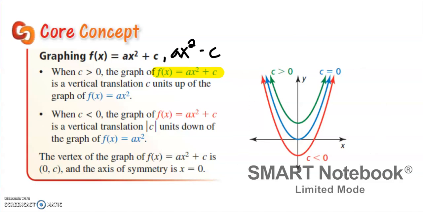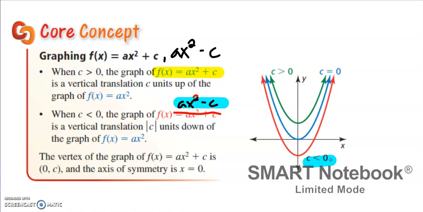Okay. When we compare ax squared minus c, let me go down here and write that, ax squared minus c. Let me cross that one out for you. When we look at ax squared minus c, let me switch back to the highlighter. That is going to be the red graph underneath it. Notice how it says when c is less than 0, hence why we have the minus c value in there.